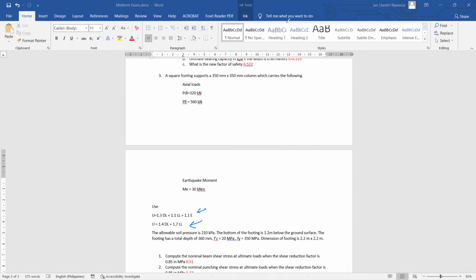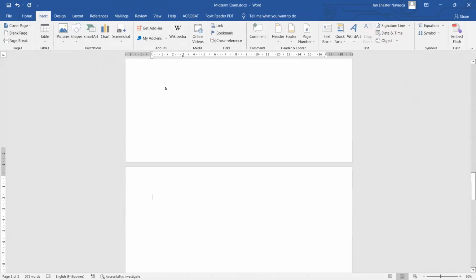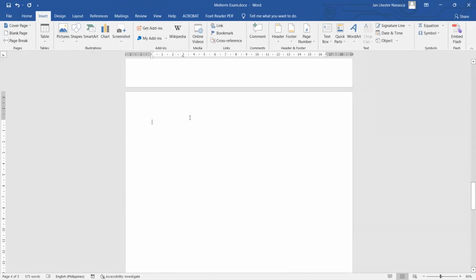So you have your PU and MU. Next, you solve for the actual soil pressure: negative P over A, plus minus 6M over BL squared.